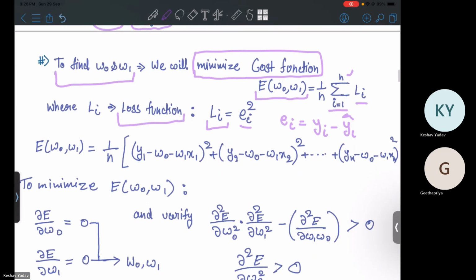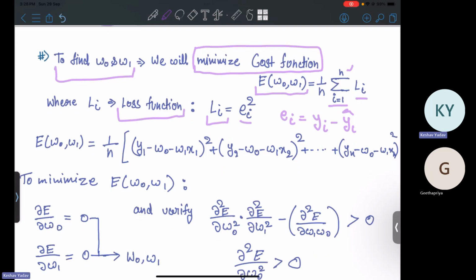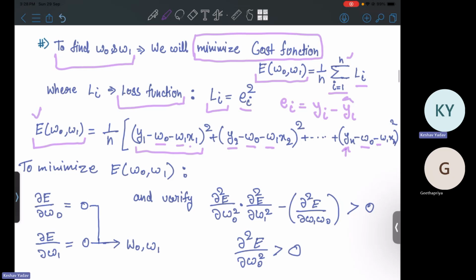So from here, the cost function will be equal to 1 upon n, the first term y1 minus w0 minus w1 x1 whole square, plus y2 minus w0 minus w1 x2 whole square, plus dot dot. Similarly, for the nth term, yn minus w0 minus w1 xn whole square. This will be my cost function.